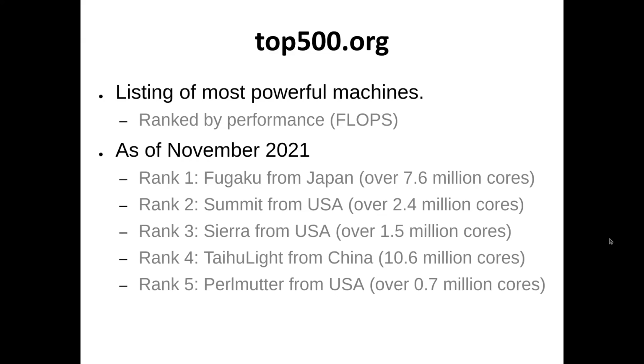So you can also see the number of cores that get used and how their utilization is. For example, Taihu Light has 10.6 million cores, but it is at rank 4, whereas Sierra has only 1.5 million cores and it is at rank 3. So how you utilize the cores is also important. What is the algorithm, the hardware improvements that have gone into the core, that also starts mattering, and so on.